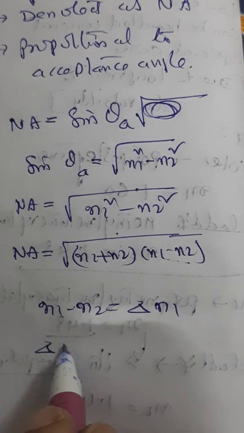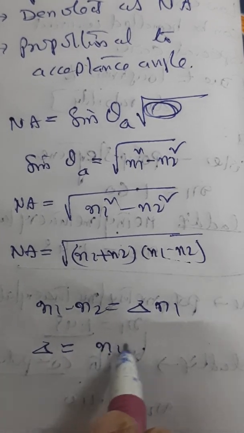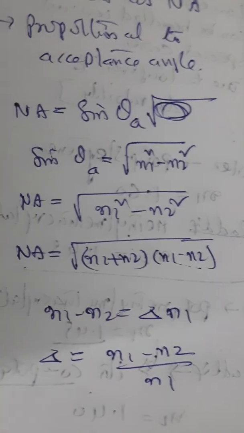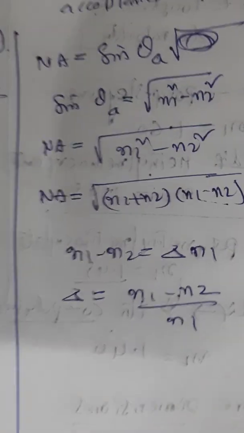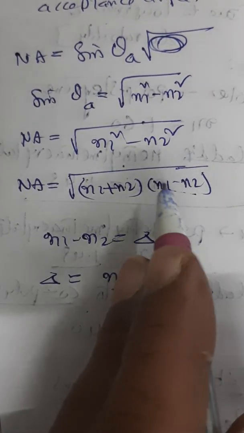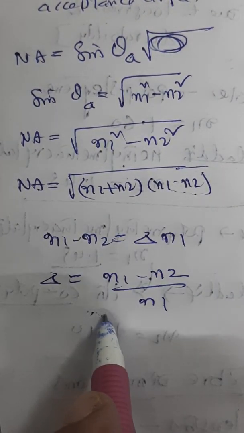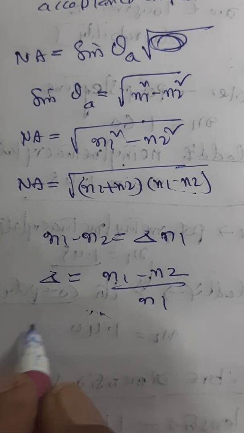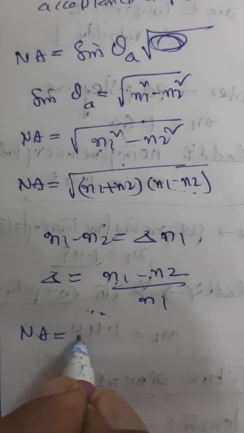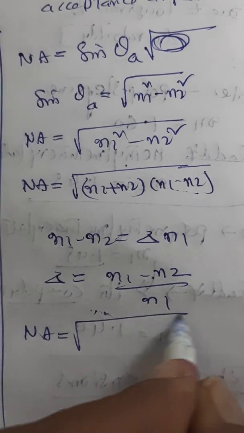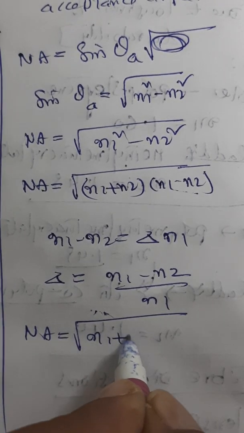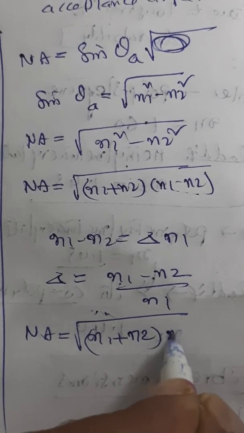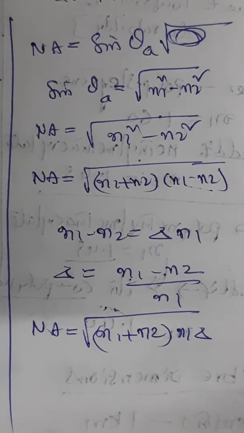From this you can write delta as n1 minus n2 by n1. In that way also you can write. Now here for n1 minus n2 we can write this. So NA can be written as square root of n1 plus n2 into n1 delta, or delta n1, either way.